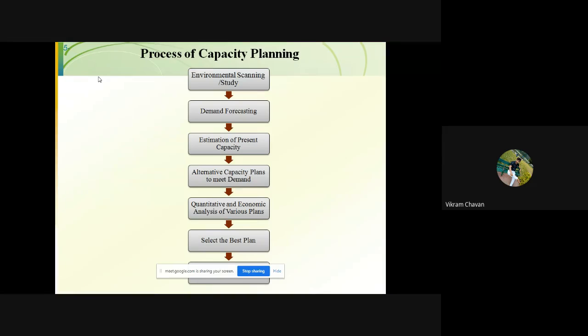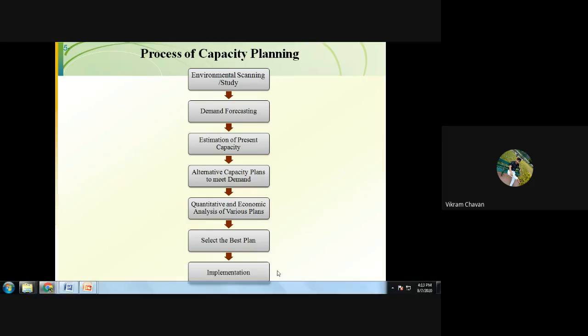There is one procedure we discussed in the last lecture to understand how to do capacity planning. For that purpose, we saw these steps. Whatever steps you can see on your screen need to be followed; this is the process, and out of that process we have to find the steps. The first is environmental scanning, or study.